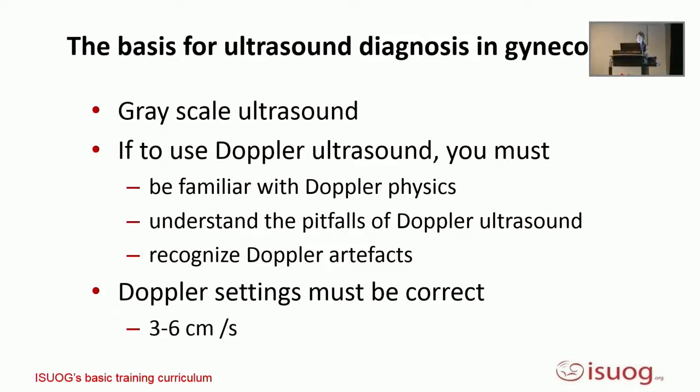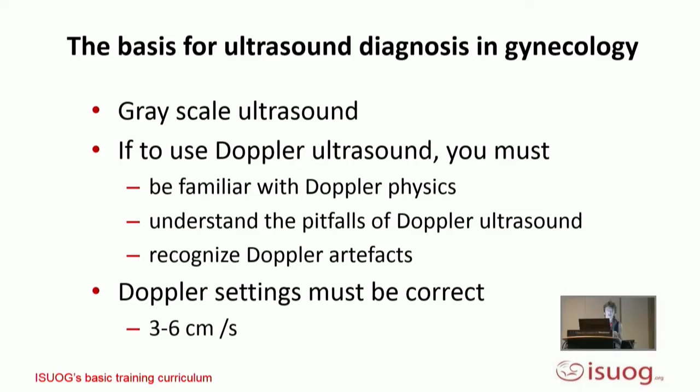And if you want to use Doppler, you must be familiar with Doppler physics, you must understand the pitfalls of Doppler ultrasound, you must be able to recognize Doppler artifacts and distinguish them from Doppler signals that emanate from blood vessels. And your Doppler settings must be correct, and usually a velocity scale of 3 to 6 centimeters per second is optimal.